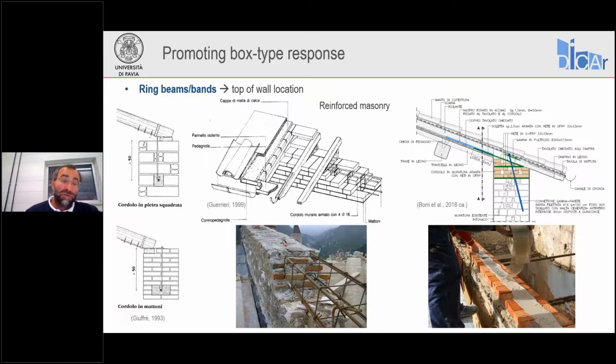Then the roof system needs to be connected to the tie beam. For example, you see here on the left-hand side these tie-down rods connecting the roof rafters to the reinforced masonry ring beam, or we also have solutions like this with dowels reaching deep into the masonry, also below the reinforced masonry ring beam.